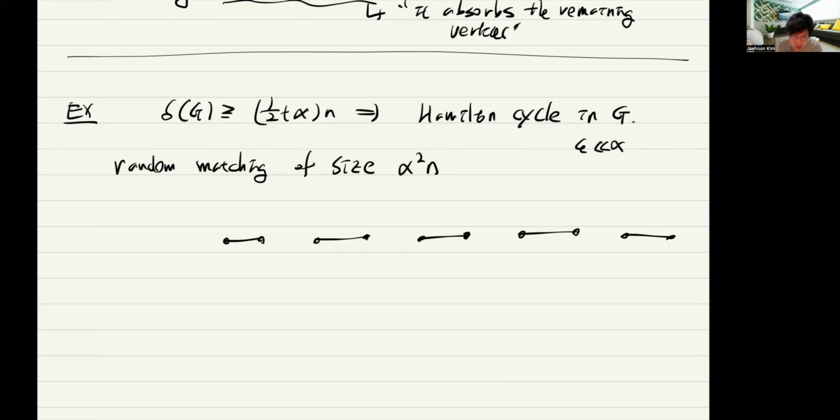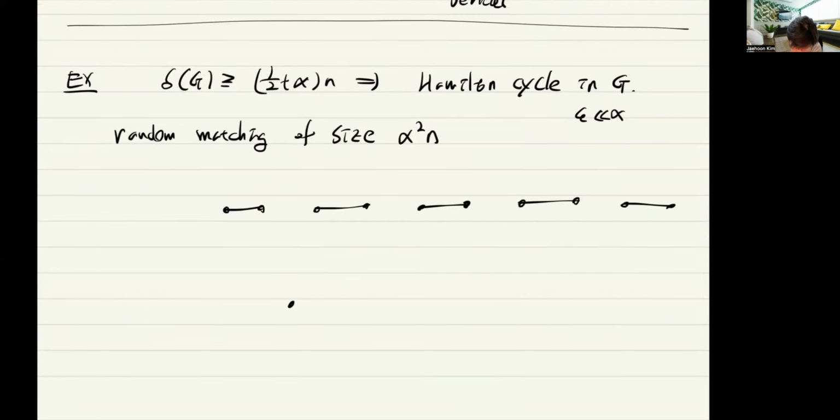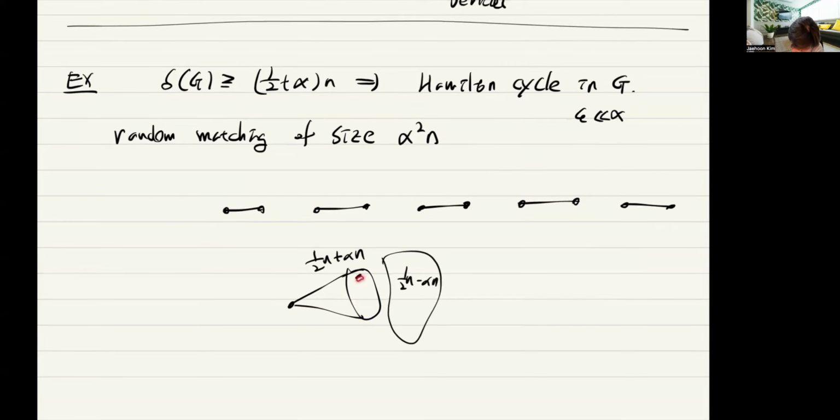What you know is that each vertex has (1/2 + alpha) n neighbors, and each vertex here also has large degree. So there are this many vertices outside, and each one of them also has this many neighbors. So even if you send all of them here, there must be some edges here. So there are many edges, like alpha n squared over 2 edges, you can show.